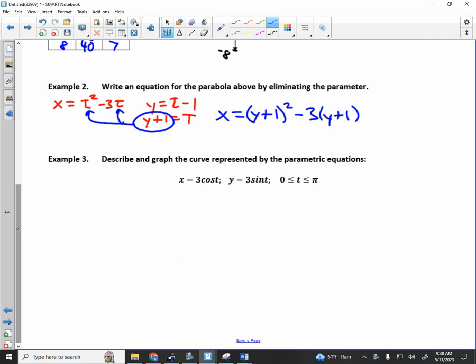What is y plus 1 quantity squared? Minus 3y minus 3, or x is equal to y squared minus y minus 2.